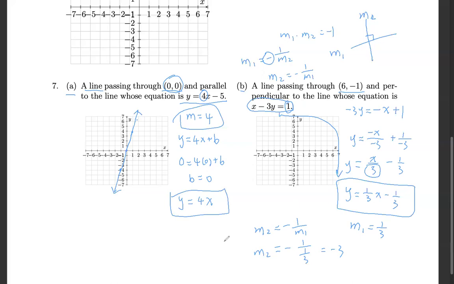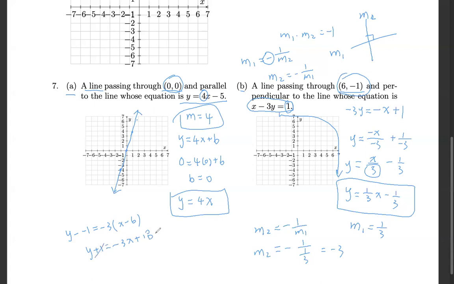All right, so now we have slope -3. And we're given this point, so we use the point-slope formula. So y minus -1 equals -3 times x minus 6. Y minus -1 is y plus 1. -3 times x, -3x, -3 times -6, positive 18.